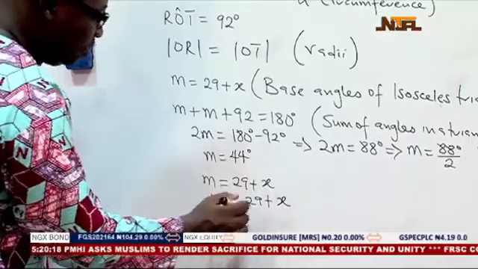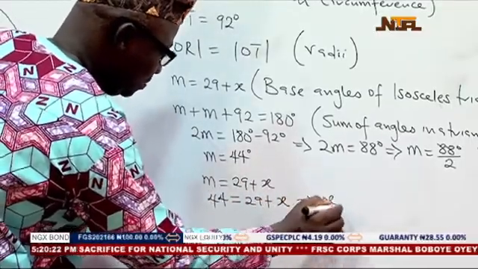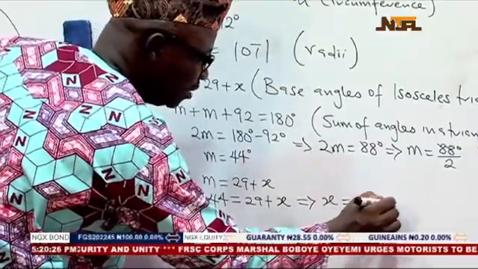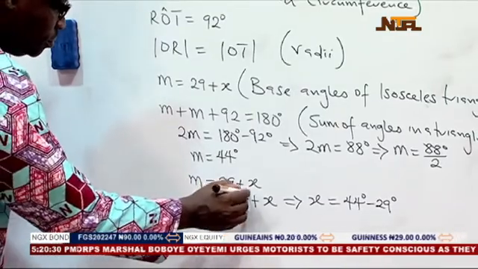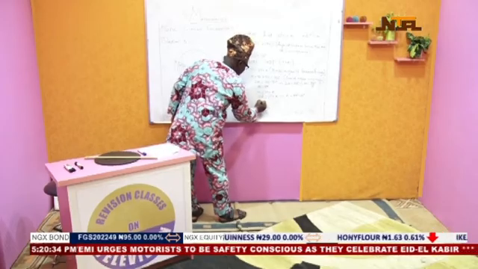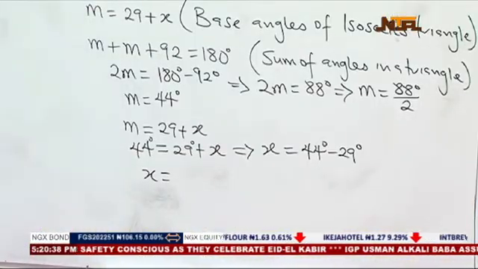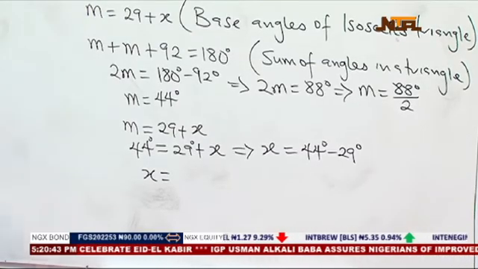They are base angles of an isosceles triangle. So this implies that X is going to be 44 minus 29 degrees. So at this point, X is going to be, that is when you subtract 29 from 44, we are going to have 15 degrees.